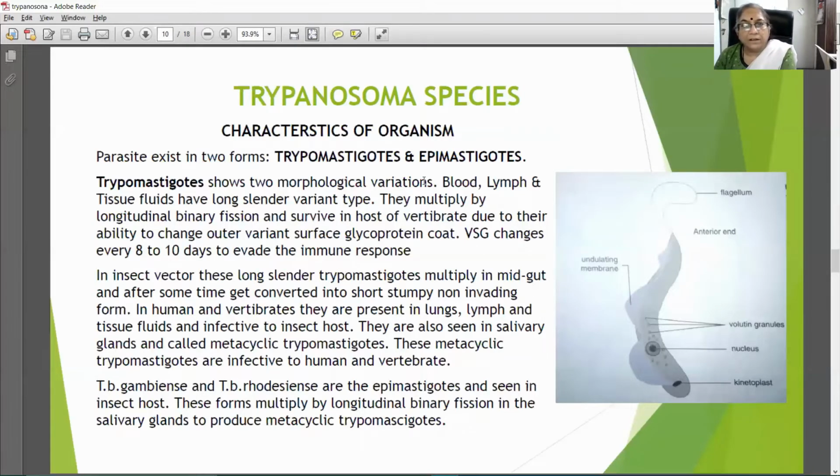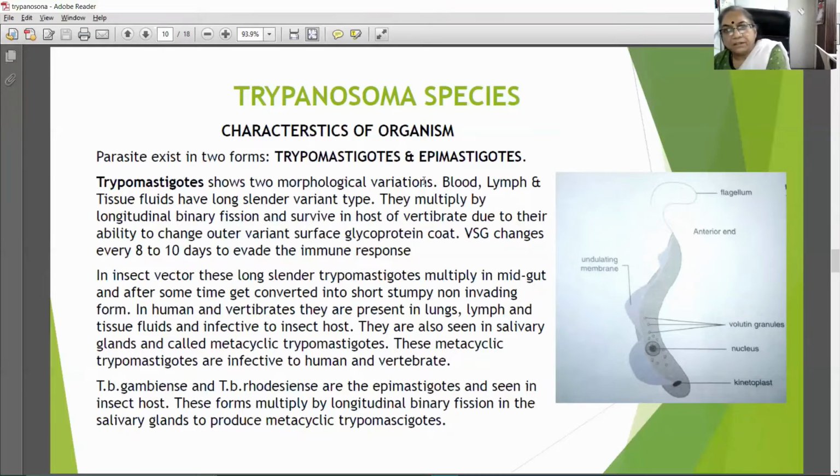In blood, lymph and tissue fluids, they have the long slender forms which multiply by binary longitudinal fission, or longitudinal binary fission.